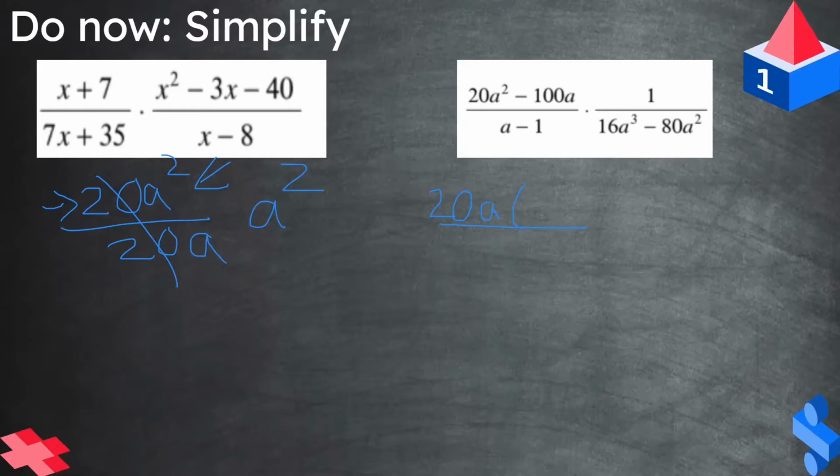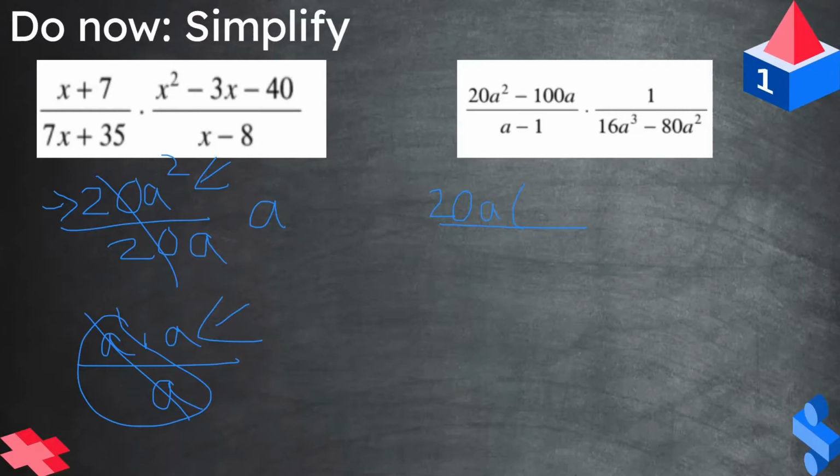And now a squared divided by a is actually a, because you have two a's at the top, one a at the bottom. So now a is my common factor. I cancel them out. I'm just left with one a, right? So a is my factor, not a squared. So I write that here.